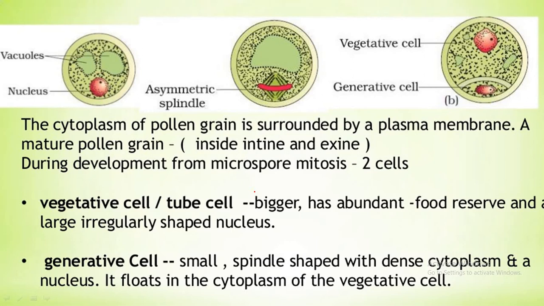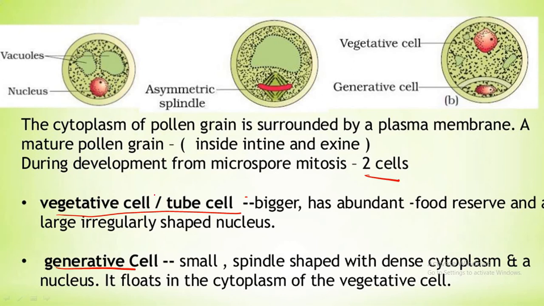Each mature pollen grain in angiosperms has two cells. When this pollen grain germinates, it will undergo mitosis cell division and produce two cells. These two cells are the vegetative cell, also known as the tube cell, and the generative cell.